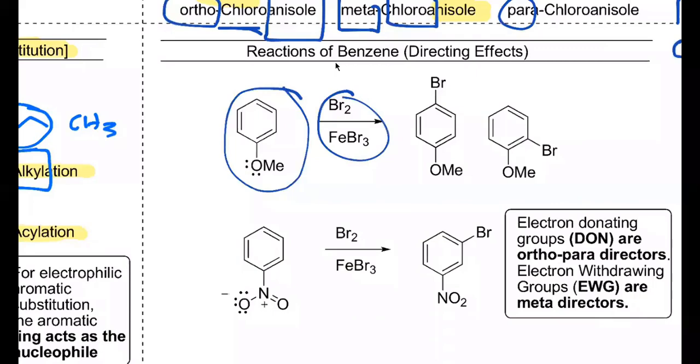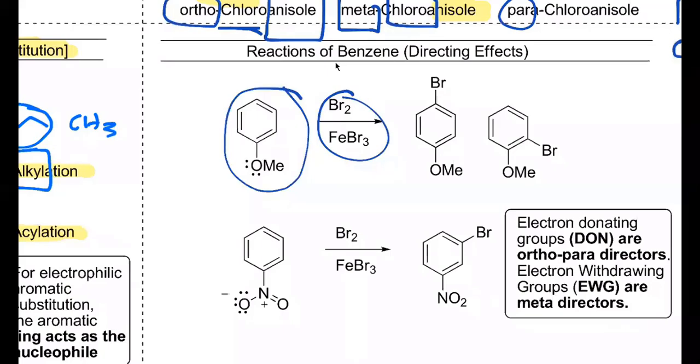Anytime you do any type of substitution on a benzene ring that has a substituent, that substituent is either going to be what you call an ortho para director or it's going to be a meta director.